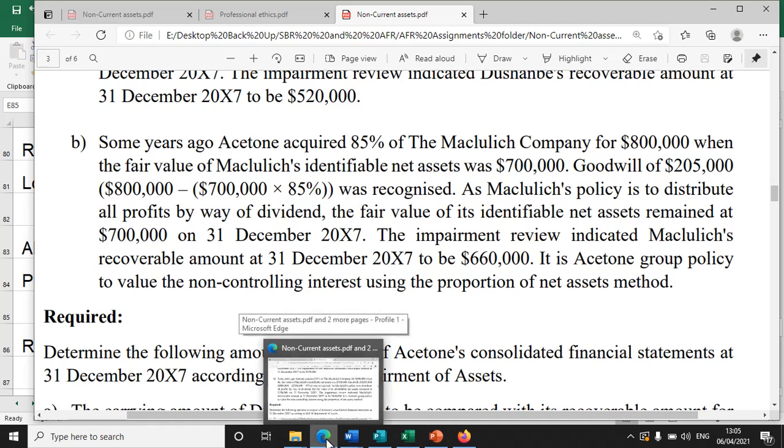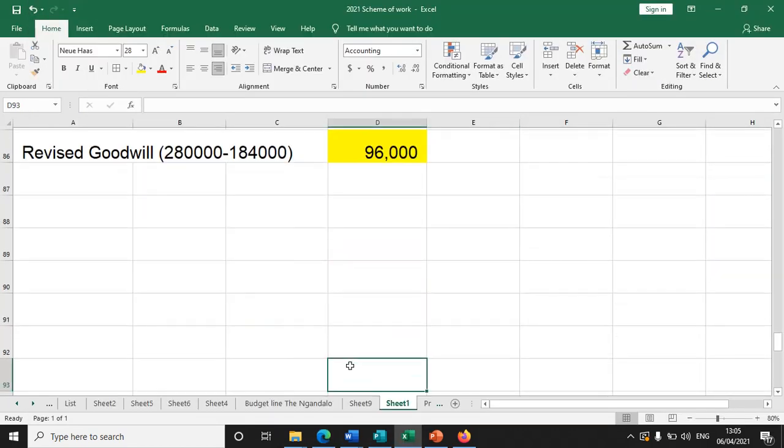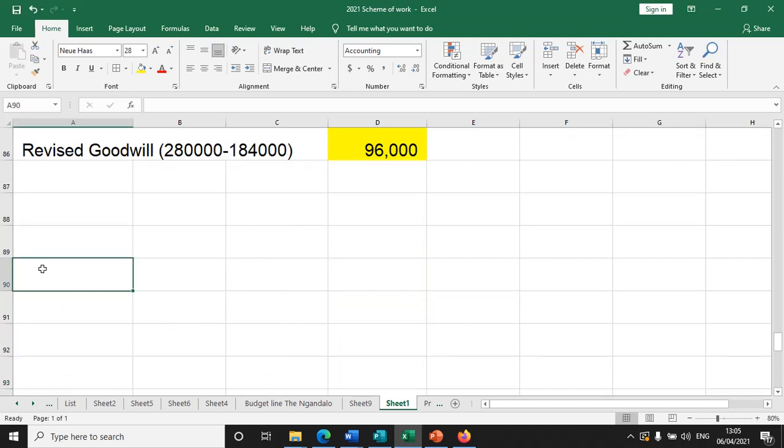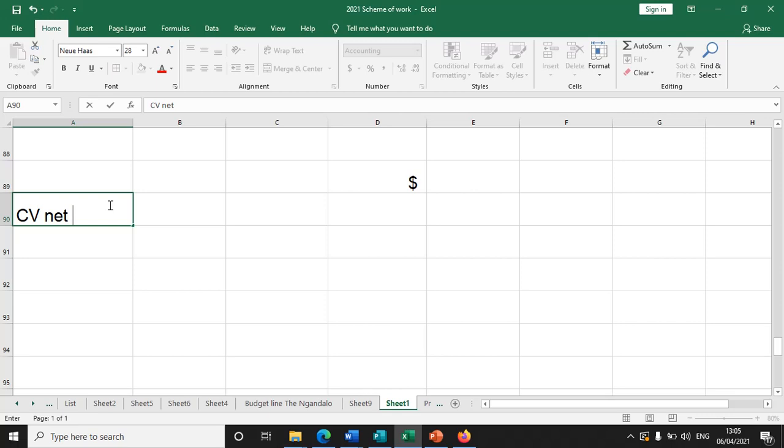So it's very important for us to run through this particular question and see how we can resolve it. This is a different question, so I want to have a clean slot here. Let us see if we can survive this one. Again, we want to acknowledge the dollar sign there. What is the carrying value of the net assets of M?